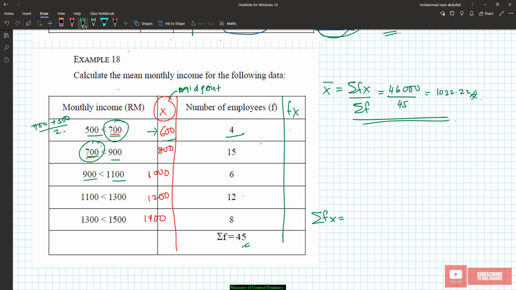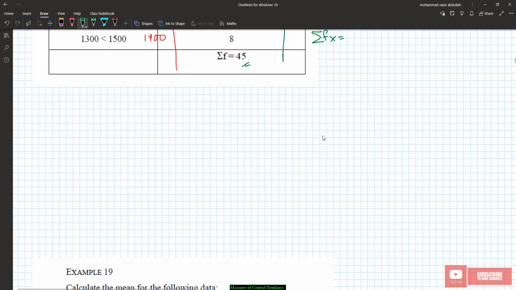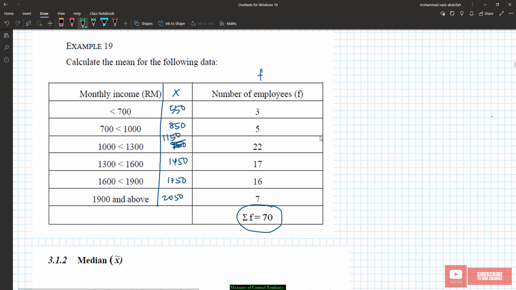You need to calculate one by one, so it will take time. Remember, in the final exam you only have very limited time, so you need to use it carefully. So calculate example number 19. I will leave it for you to do by yourself.